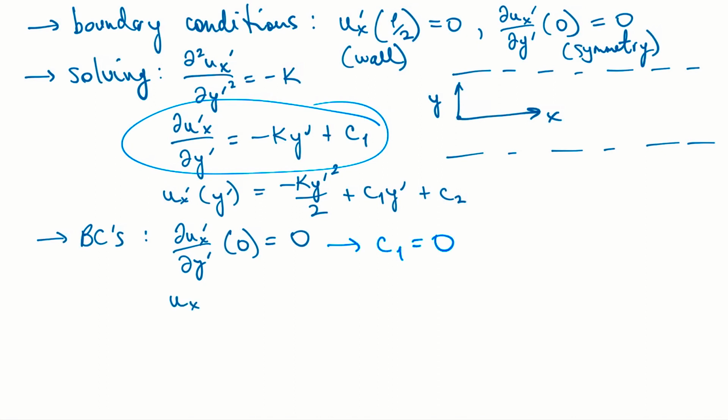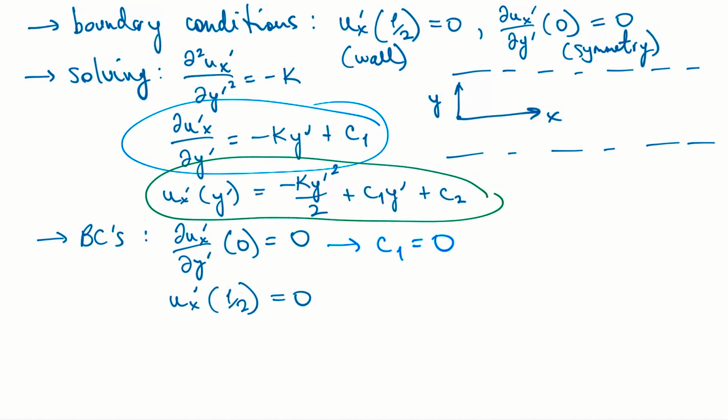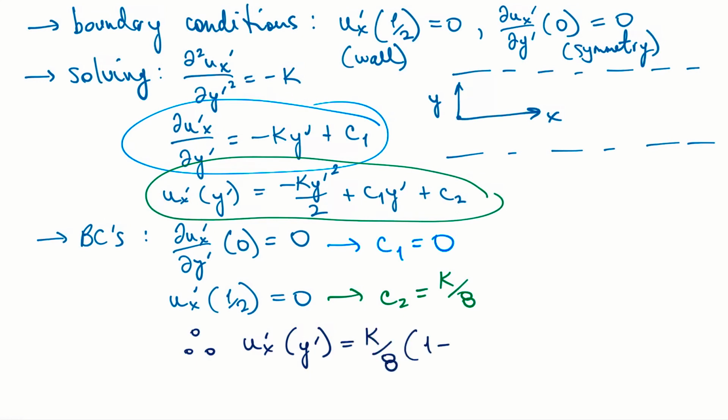And our next at the walls there, we go down and solve. I'll use different colors here, like we plug in there. And that means that C2 has to equal this kappa over 8. And therefore, we have our solution, right? I'll write it in just a simplified form here. Okay, and that gets boxed.